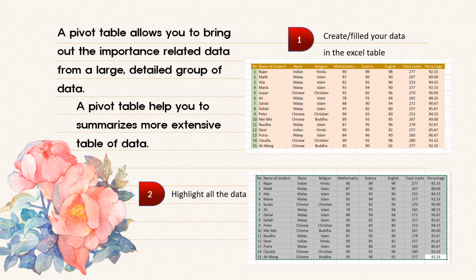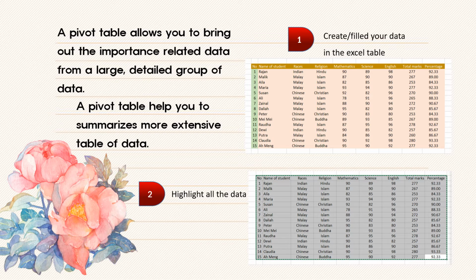In the pivot table, you may include a large amount of data that it may summarize for you, showing how you may find the small item in the table by using a pivot table.